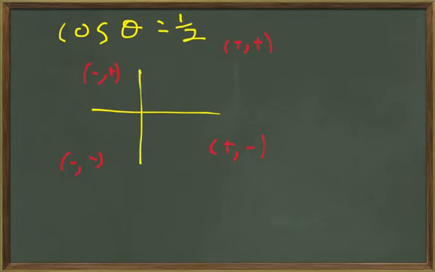And since cosine of theta is equal to a positive 1/2, we're looking over here at the x values. Okay, so we're going to be drawing our two triangles.